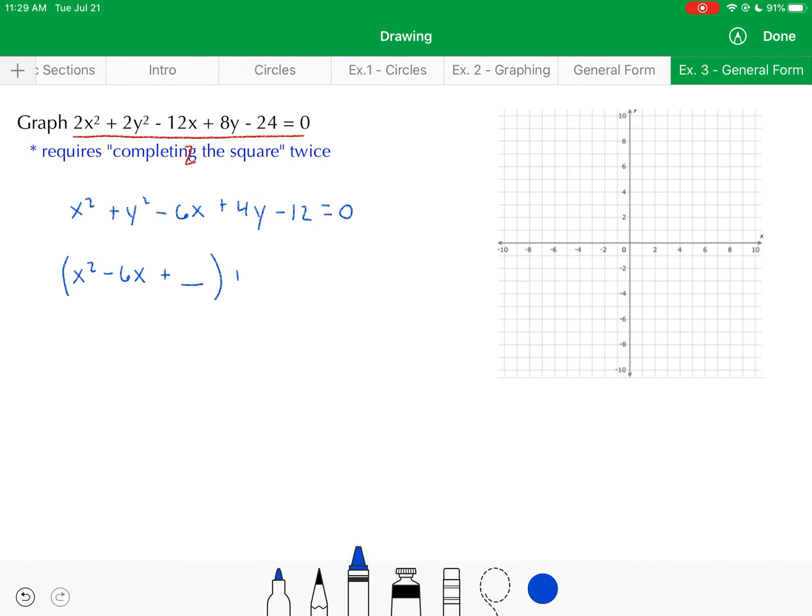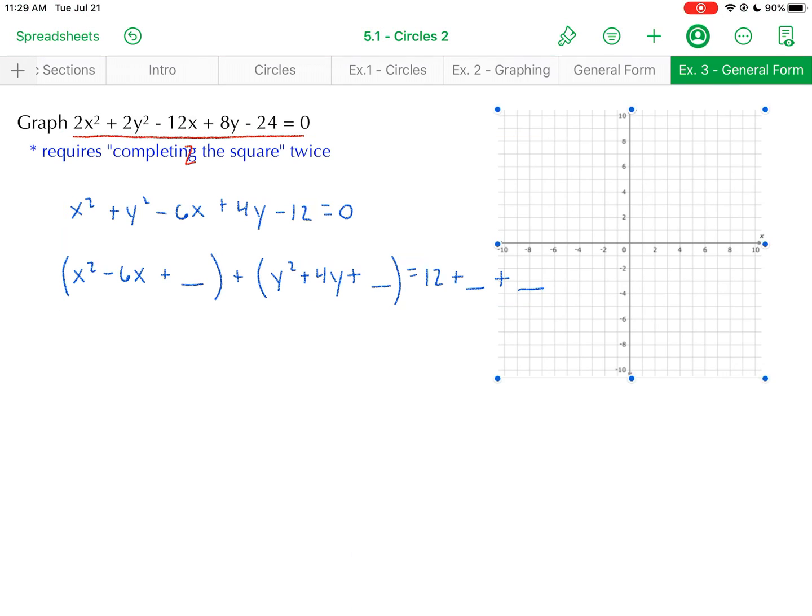Plus, and then I'll do the same thing with y squared and 4y. I'll group those together, plus a blank. And I'm going to equal that to my constant of 12. So notice I'm adding that over to the other side, plus blank, plus blank.